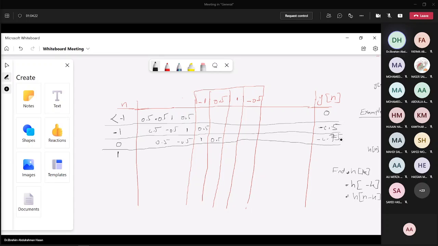When n is 1, move it to the right. So then here will be 0.5, 1, minus 0.5, 0.5. That multiplied, it is 0.5 plus 0.5 plus 0.5, 1.5.